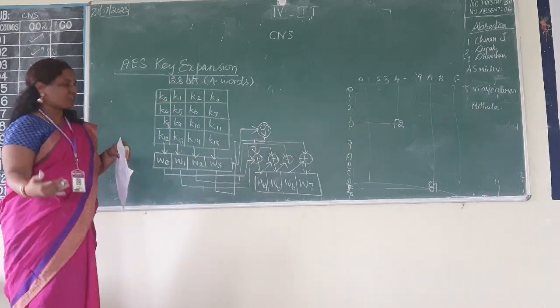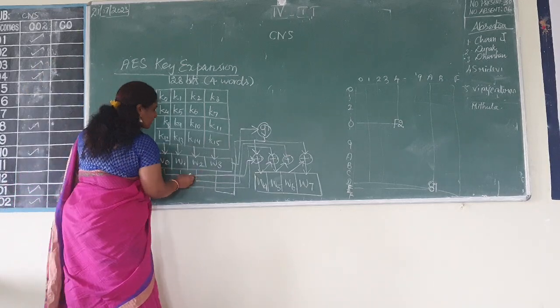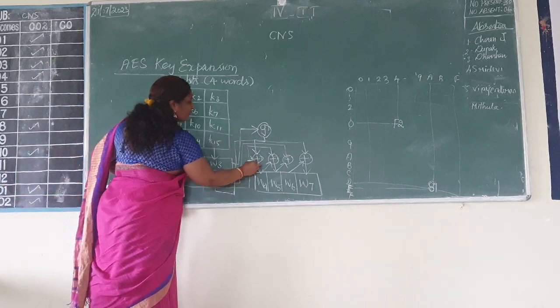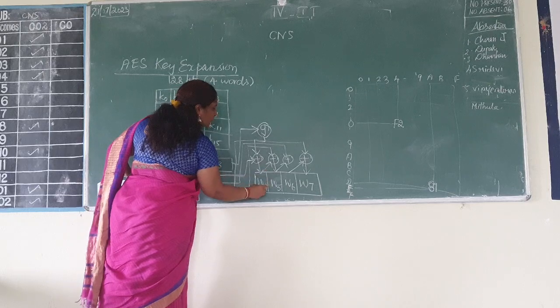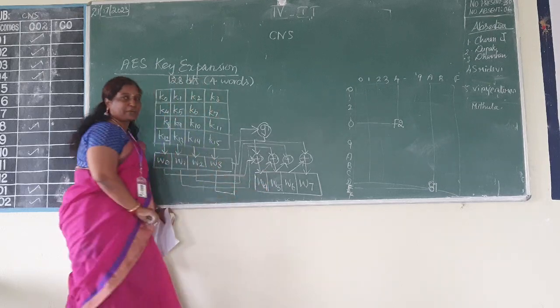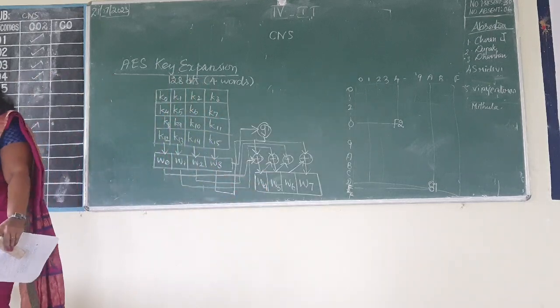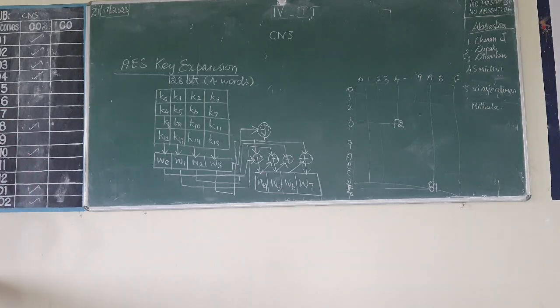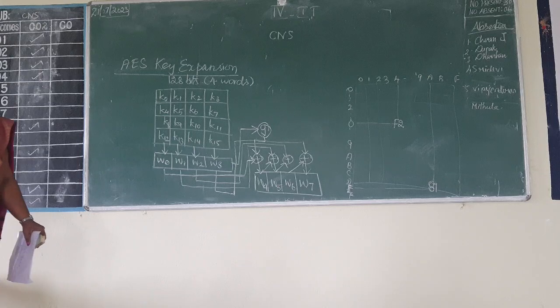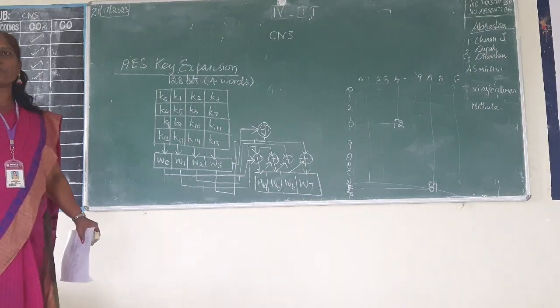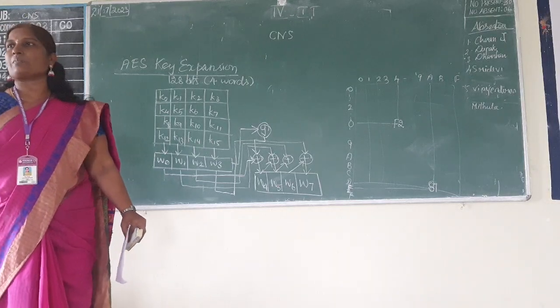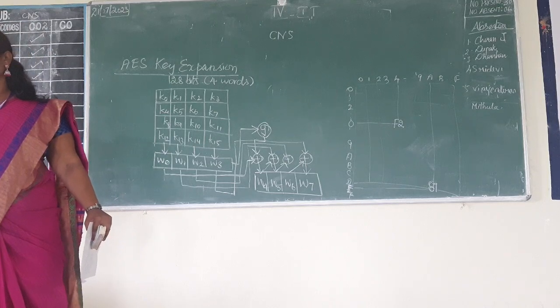The output of G is XORed with W0, which produces some output considered as W4. So W4 is derived from an XOR operation, where XOR takes one input from the G function and the other from W0.